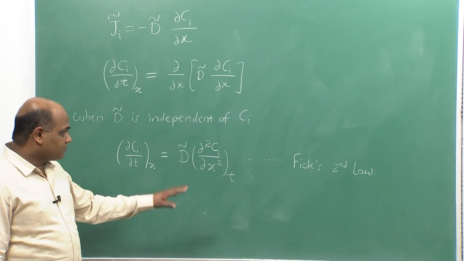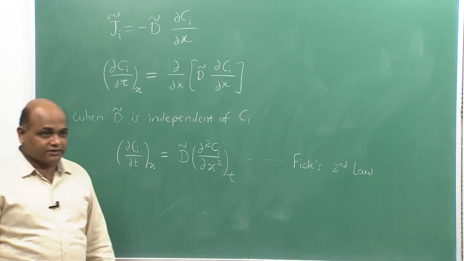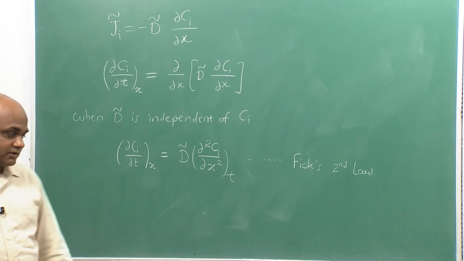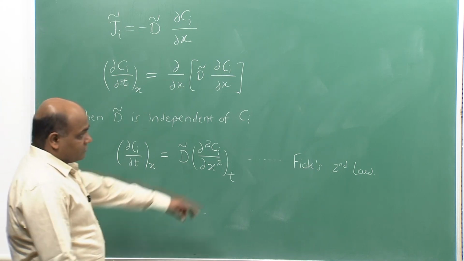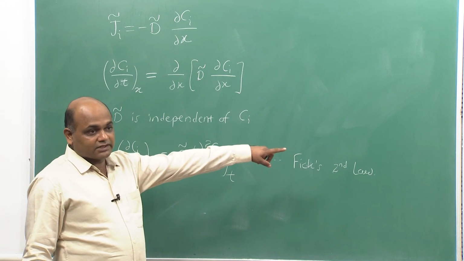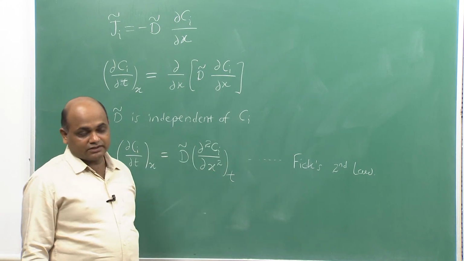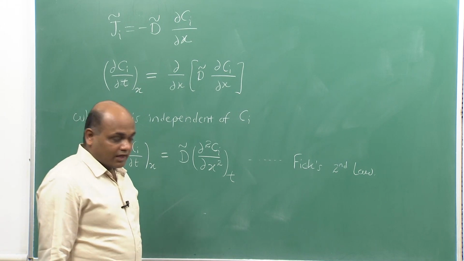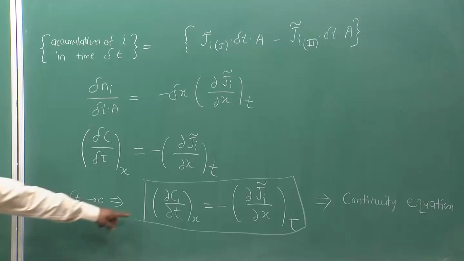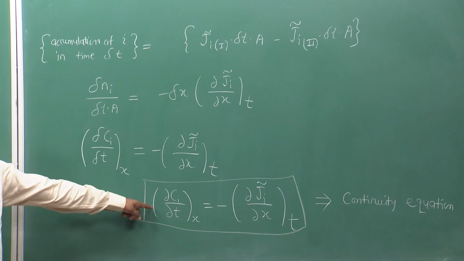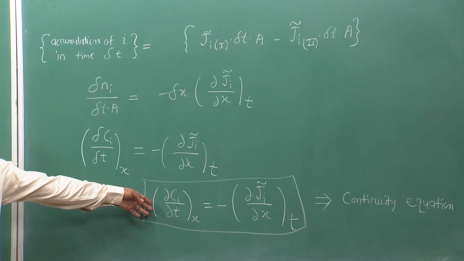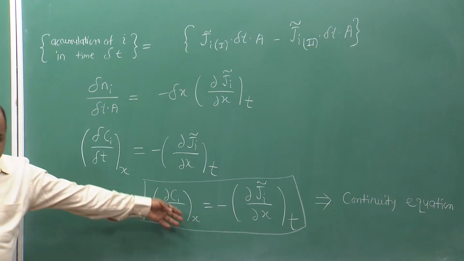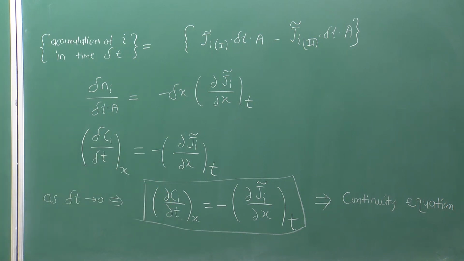It is not exactly appropriate to mention this as Fick's second law, but it is popularly known as, because the fundamental equation is Fick's law equation, J tilde equal to minus D tilde dou C by dou x. And then the continuity equation is simply the principle of conservation. So, if you substitute Fick's law in the continuity equation, we get this equation.